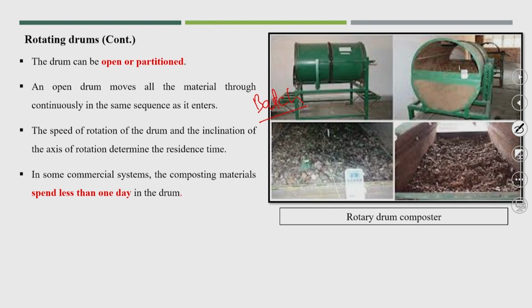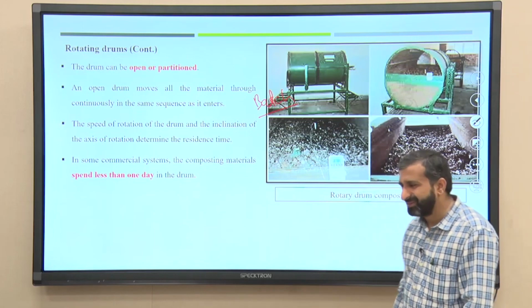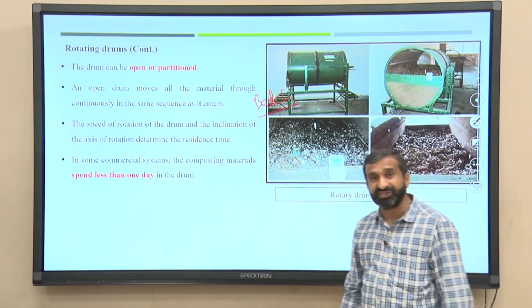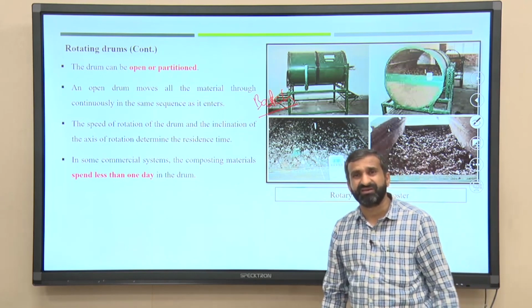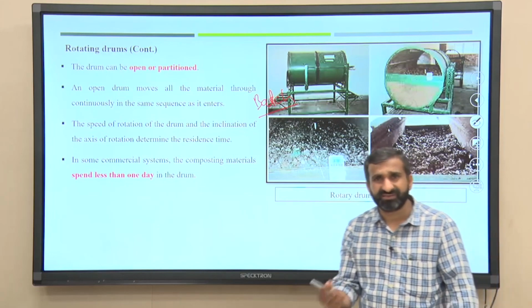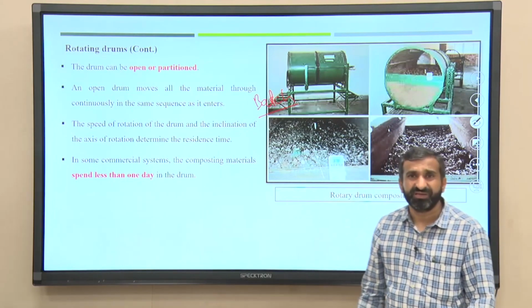In some commercial systems, the composting material spends less than 1 day in the drum. See, degradation in less than 1 day could be possible, but it is very difficult. But if you are thinking about kitchen waste, a highly degradable material, then not in 1 day, but in 3 days, 4 days, the entire thermophilic degradation could be possible.